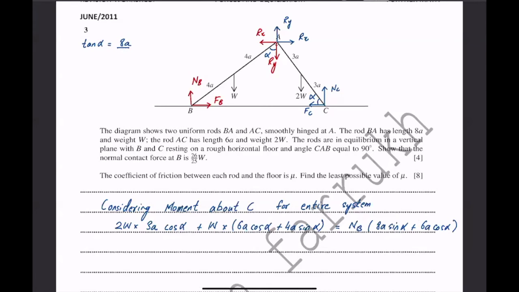If we plug in those values in this equation, A will cancel out, and there will be only one unknown in this equation, which would be NB. And we can simplify this equation to get the value of NB.